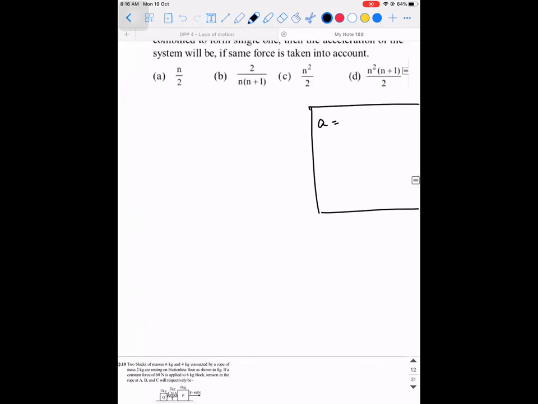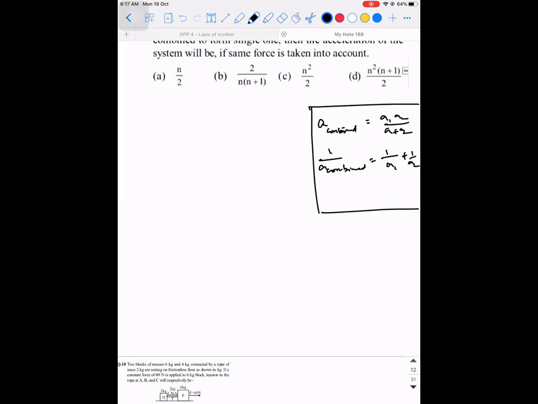So can I say A combined is equal to A1 A2 by A1 plus A2, which means 1 by A combined will be equal to 1 by A1 plus 1 by A2, accepted? Because see, if you have capacitors in series, what will you have? C equivalent will be equal to C1 C2 by C1 plus C2, or 1 by C equivalent is 1 by C1 plus 1 by C2.